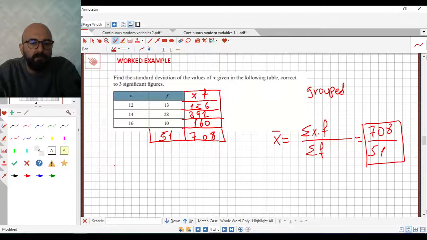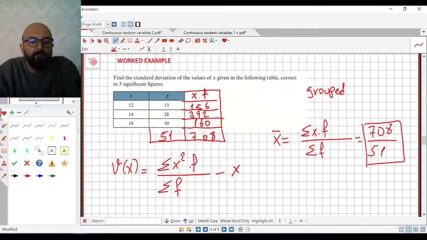We should remember the variance formula: the sum of x square multiplied by frequency over the sum of frequency, minus the mean square.